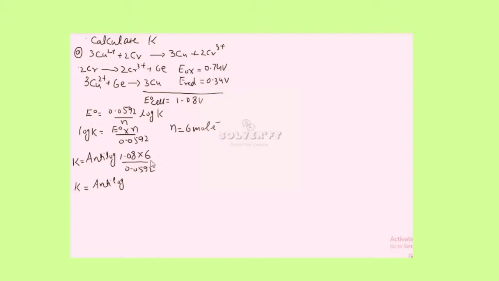The answer of the above multiplication and division is 9.45, so K is equal to antilog of 9.45, so K for this reaction is equal to 2.81 into 10 raised to the power 9.